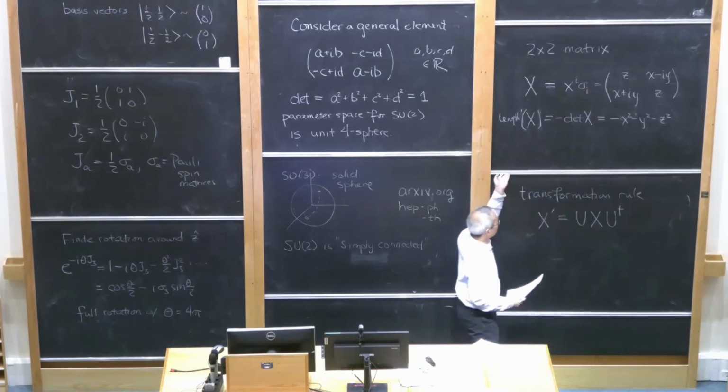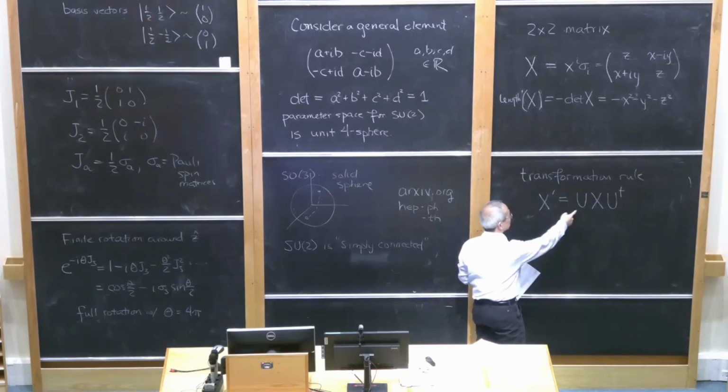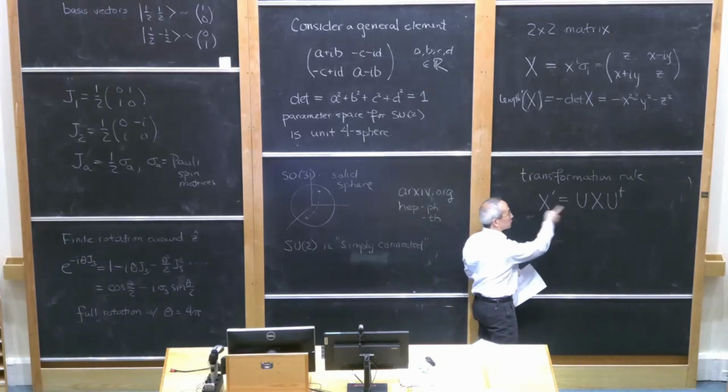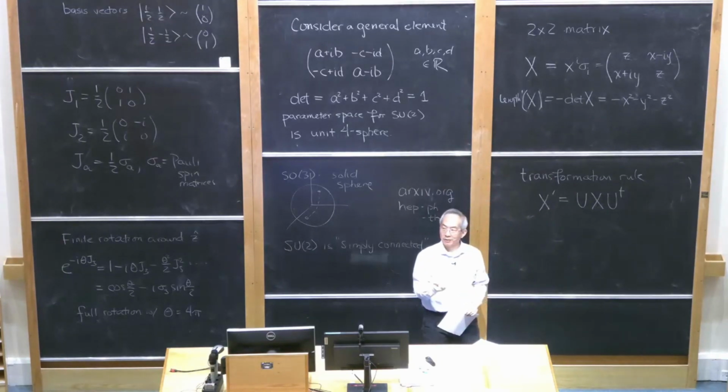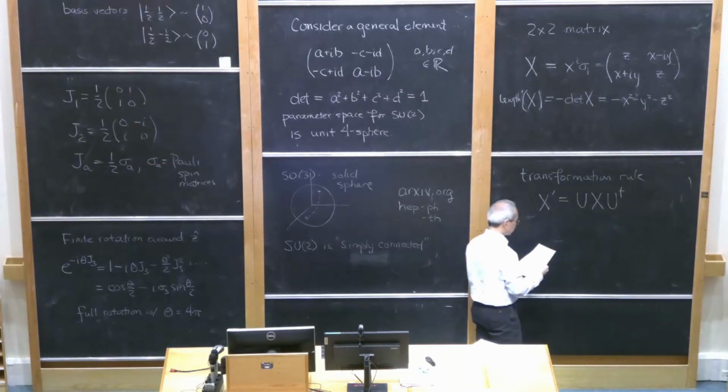Okay, and because this is a unitary matrix, you just take the Hermitian conjugate there. Now, you've seen something very much like this, right? This is pretty much the matrix form of a transformation of a rank 2 tensor. Okay, that's not completely coincidental.